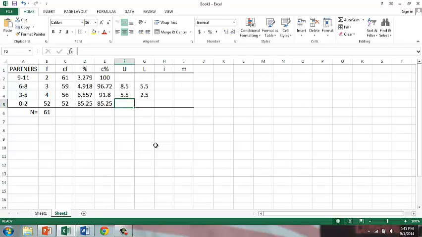For the 0 to 2 group, or interval, the upper limit is the point halfway between 2 and 3, or 2.5. Again, same as the lower limit of the interval above it.